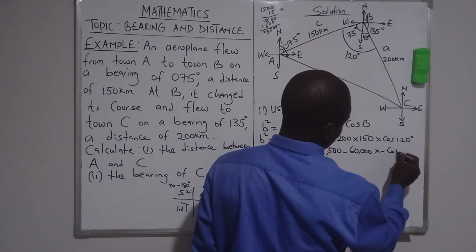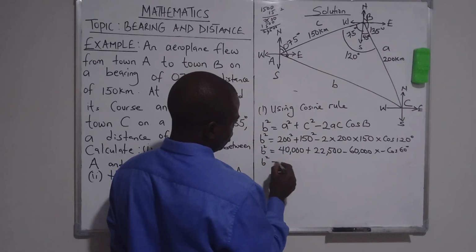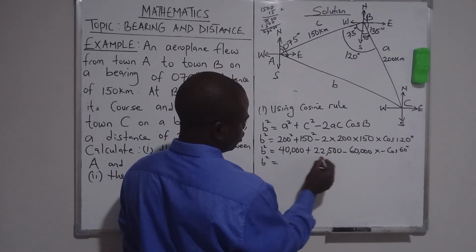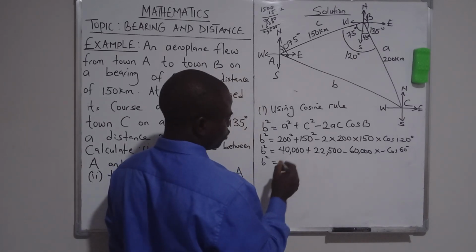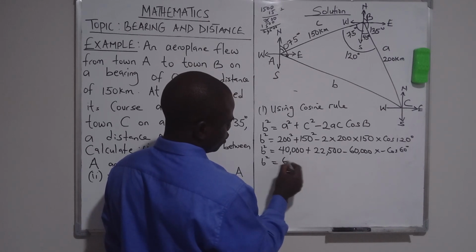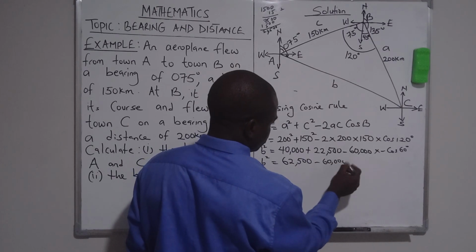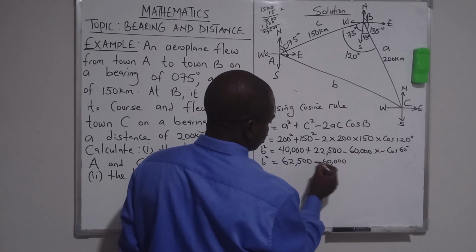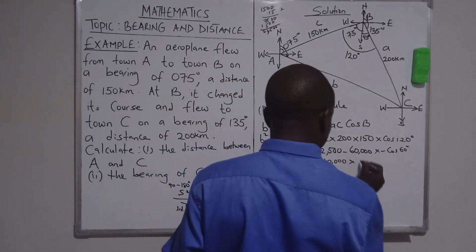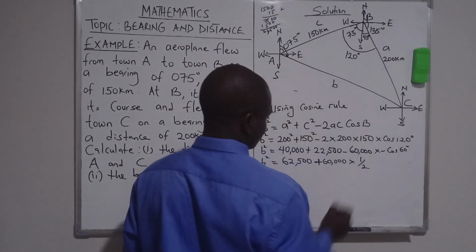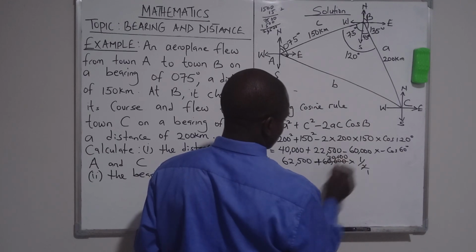You have minus cos 60 degrees. b squared is 40,000 plus 22,500, that's 62,500, minus 60,000. Negative times negative is positive, times cos 60 which is half, 0.5, that's 30,000.